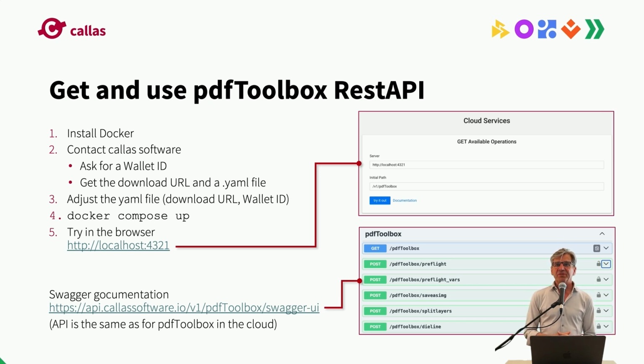And then if you want to try it on your computer, you can easily access it by localhost and the port 4321. And then you can see what you can see here on top of me, the cloud services UI, which also provides some documentation about the API. So if you click on documentation, you will always see what calls are available, and this leads you through all the different calls that are available.